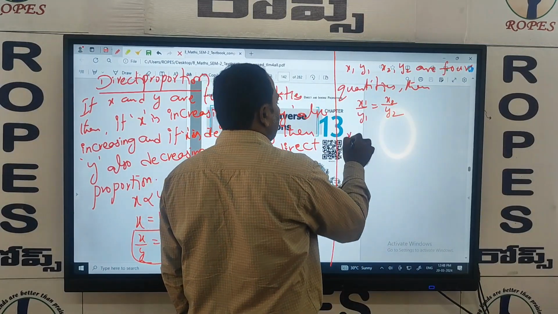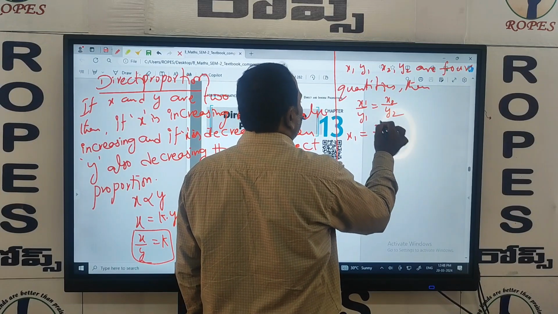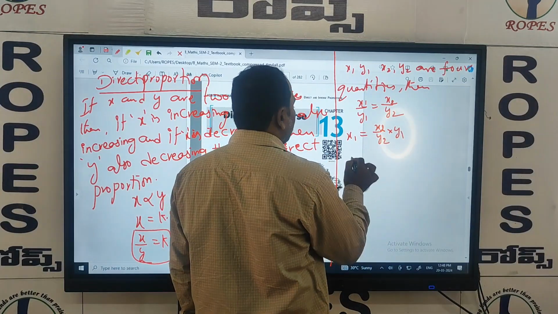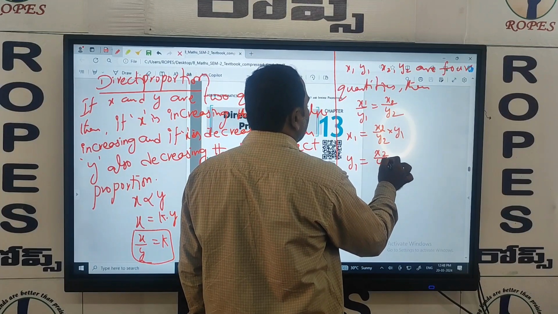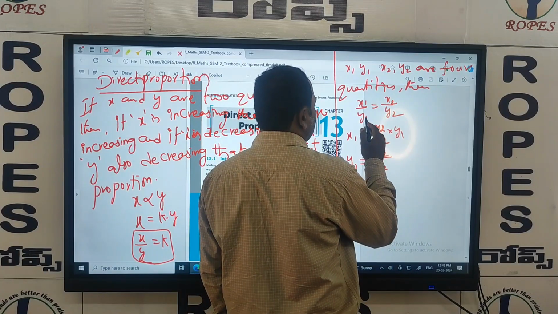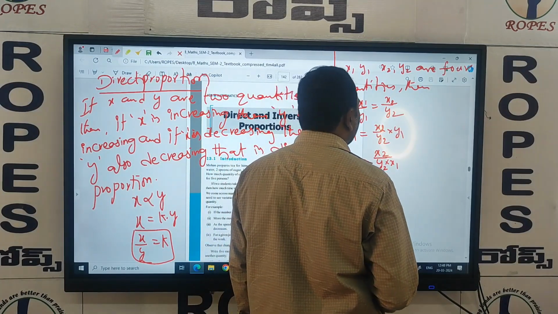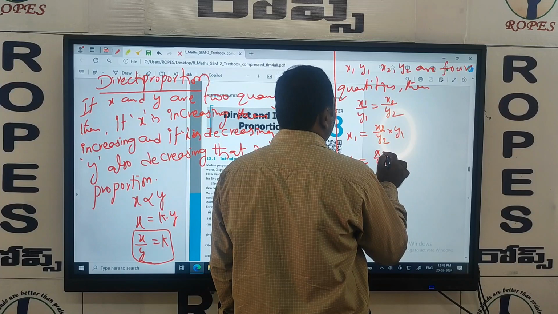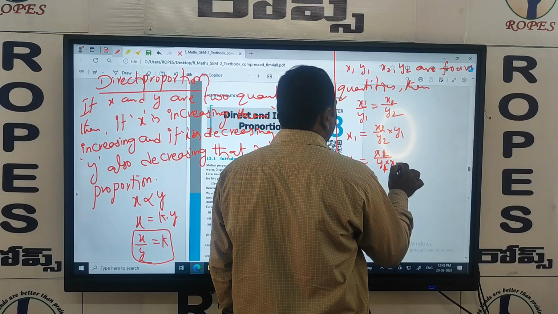From this, x1 is equal to x2 by y2 into y1. And y1 is equal to x1 by x2 into y2, that is y1 is equal to x2 by y2 into x1. Here y1 is equal to x1 y2 divided by x2.